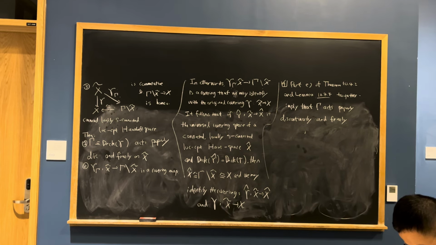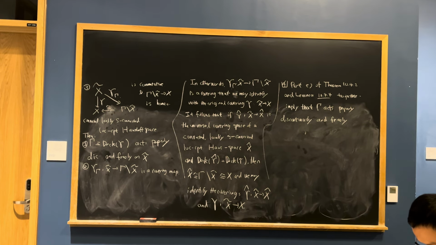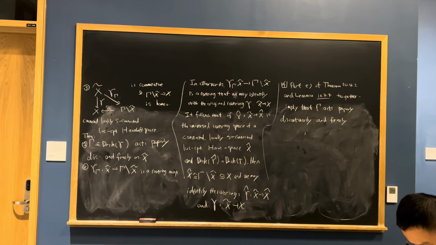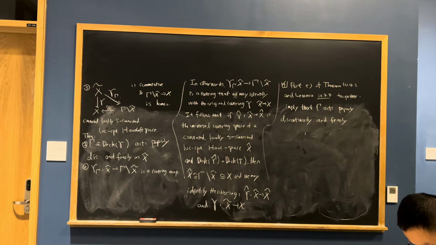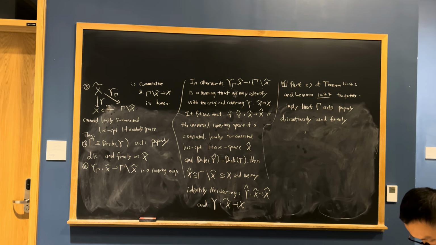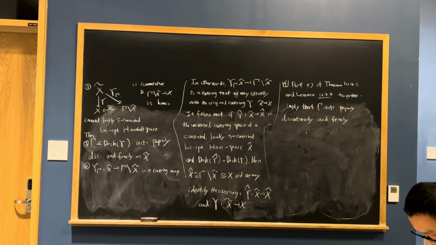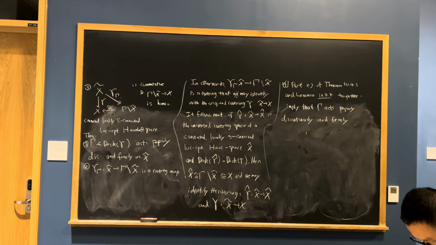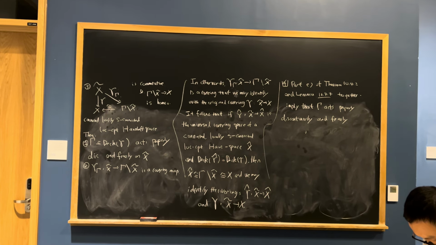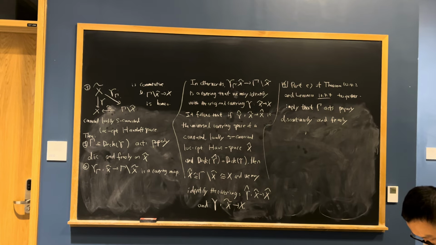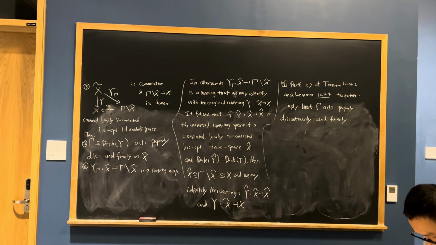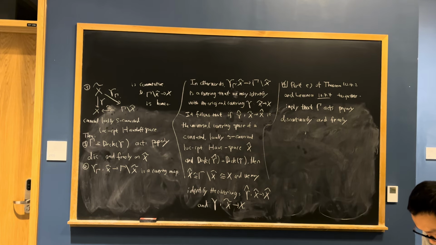So this 10.4.4 says that, let gamma be a subgroup of the group of self-homeomorphisms of a locally compact Hausdorff space X. Then this gamma acts properly discontinuously on X if and only if for each pair of points x, y in X there are neighborhoods U of x and V of y.